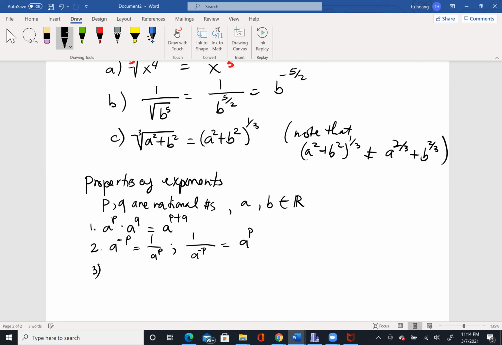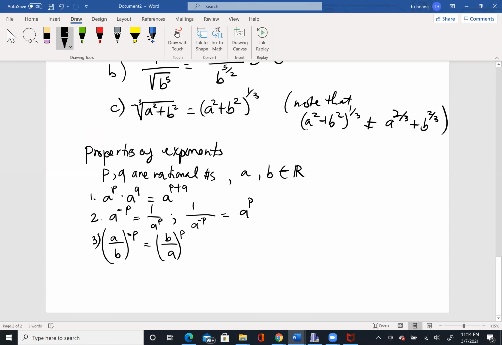So 3, A over B, everything to the power negative P, can be rewritten as B over A, everything to the power P. So you flip the top and the bottom of the fraction. Okay, so that is the first 3.